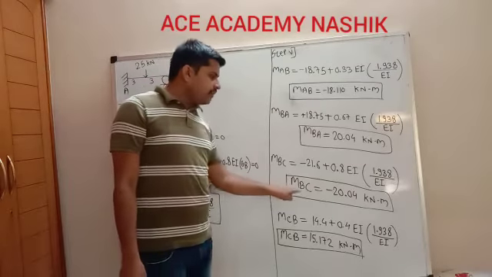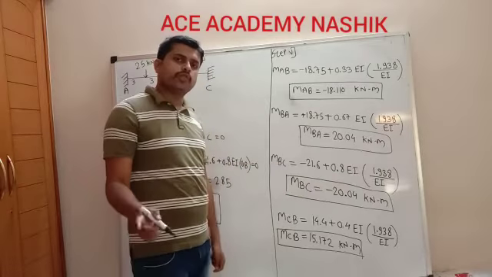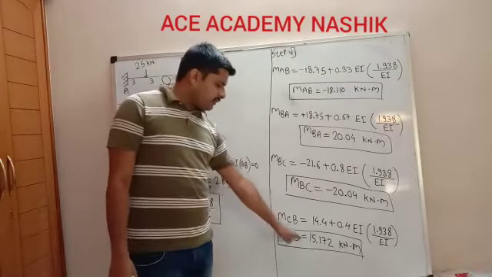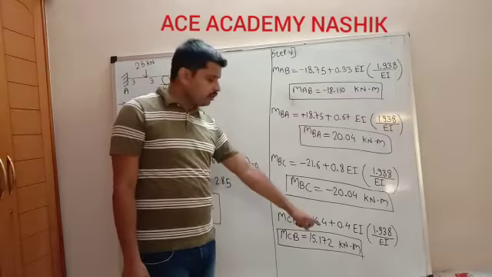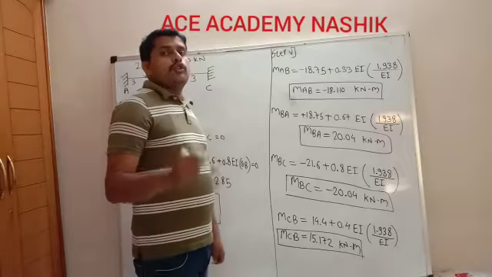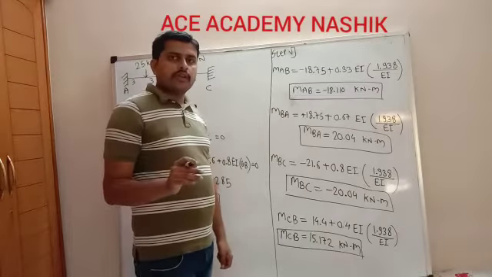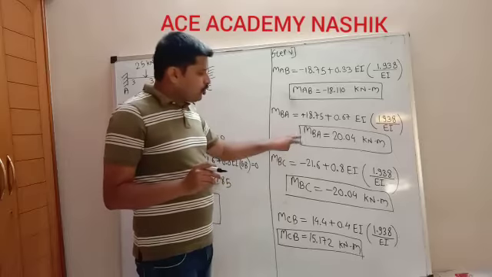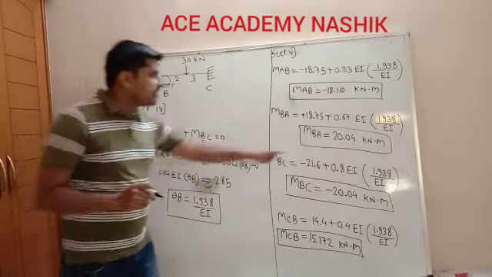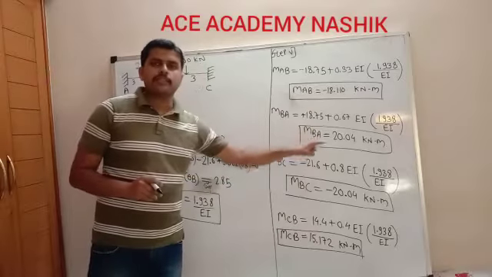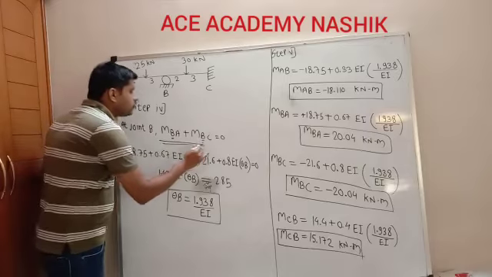Similarly, for MBC, we get minus 20.04 kilonewton meter, and MCB is equal to 15.172 kilonewton meter. To cross check whether our answers are correct, these two moments must be in equilibrium. That is, the addition of MBA and MBC must be 0, which satisfies our equilibrium equation.